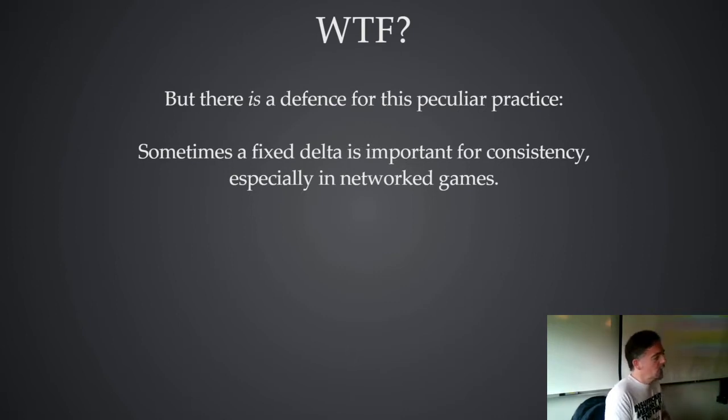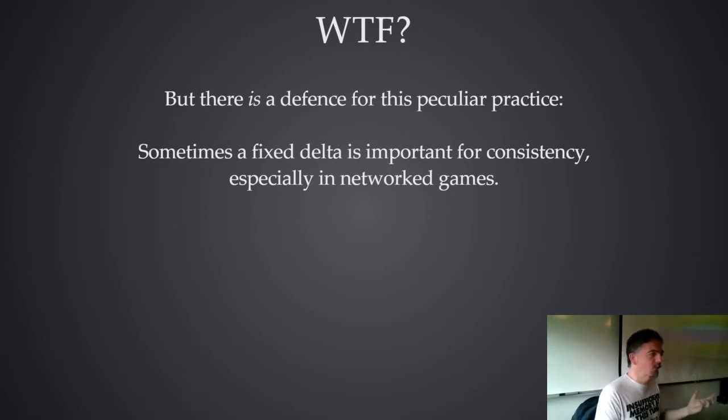It can also be important in network games, because in a network game, you've got what's happening on your machine, and you've got all the other players on their machines. And it turns out that if you run the same simulation, but with slightly different delta time values, you'll get different results. This is something you might kind of remember a bit from calculus, that when you're doing area under the curve calculations, it depends how big your delta t is as to whether you're going to get the right answer, and you only really get the right answer when delta t becomes infinitesimally small, right?